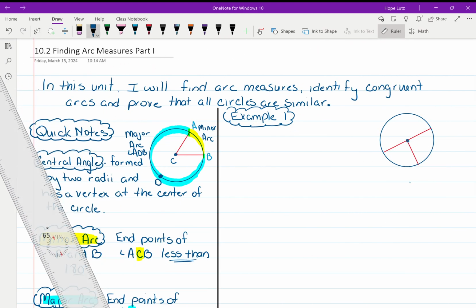And we're going to label these. Remember, these are non-exact. And we're going to label this 110 degrees. Okay?